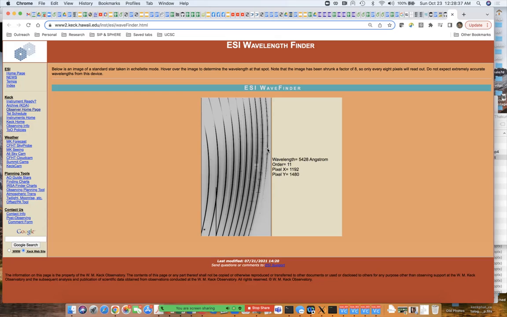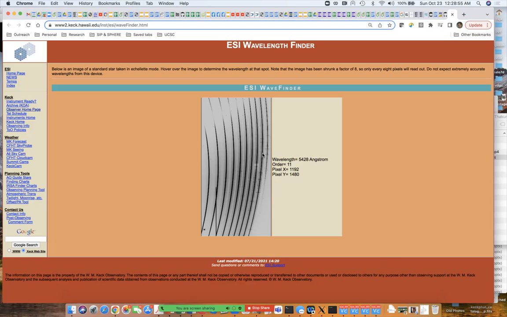I'm using Safari, and that's giving me a real-time response. I'm using Google Chrome, and actually I cannot open this page in Google Chrome. I think all Keck related pages, and also the ESI exposure time calculator, I cannot open with Chrome today.